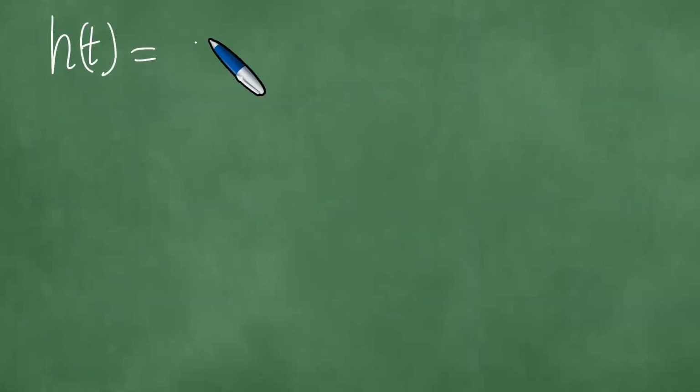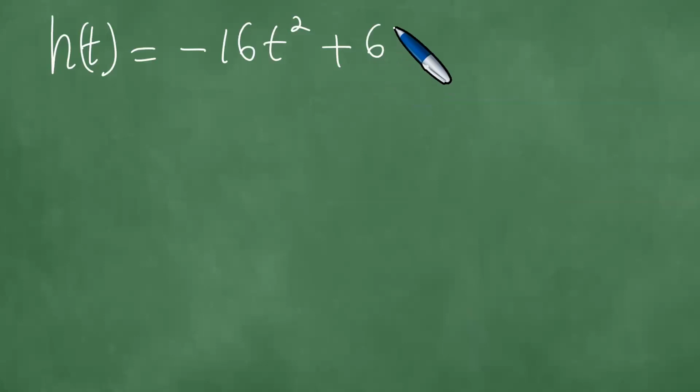And we note first that the height is equal to minus 16t squared plus 64t.